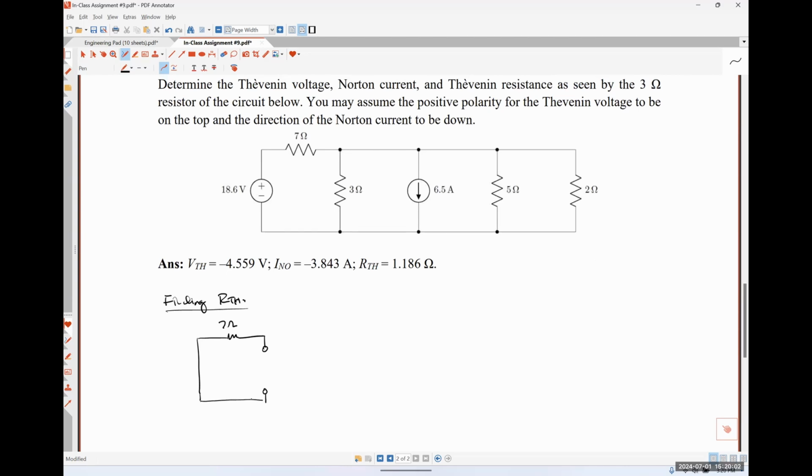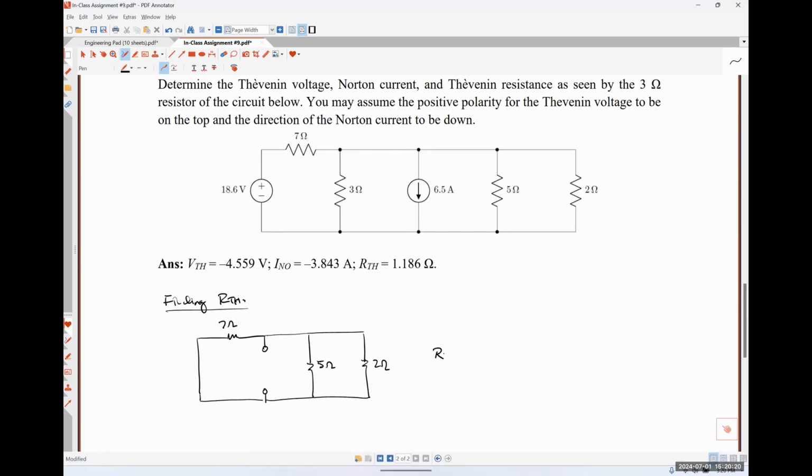Our 6.5 amp current source is going to be open circuited. Here's our 5 ohm resistor. Here's our 2 ohm resistor.